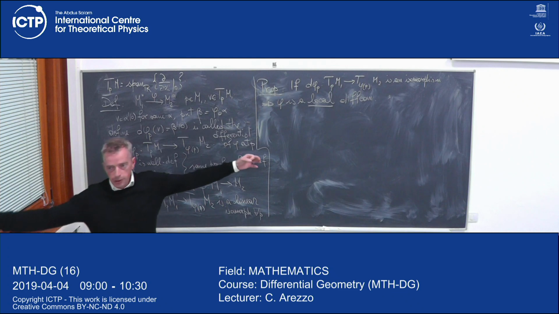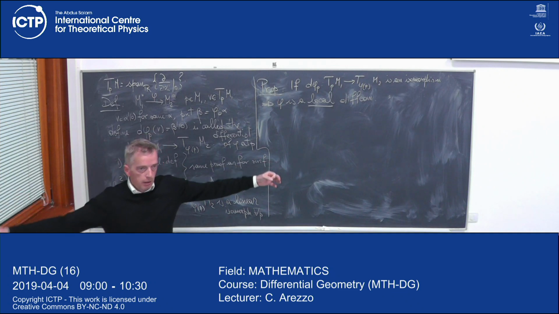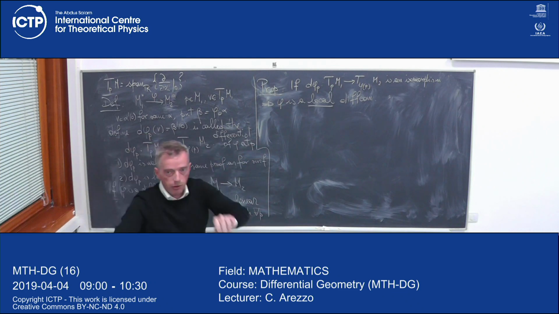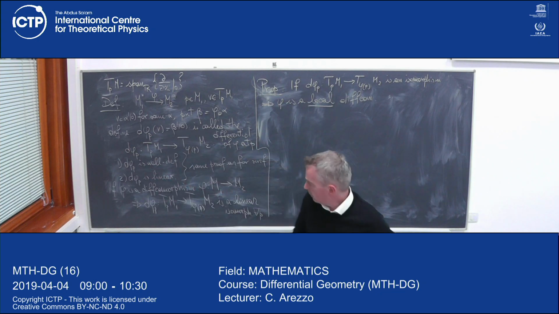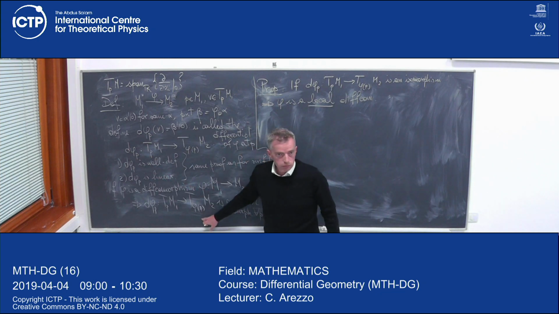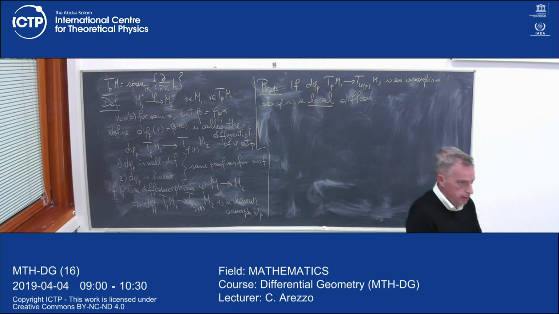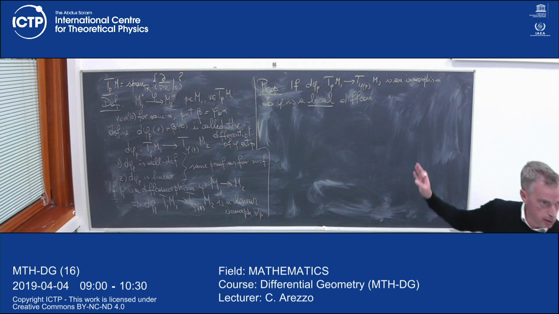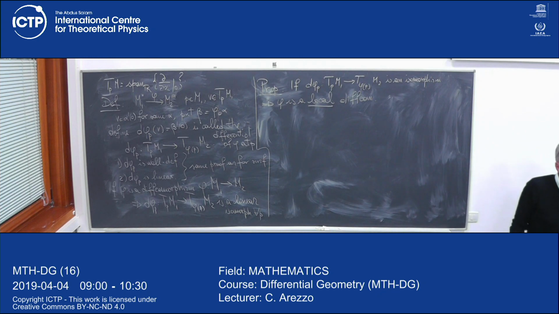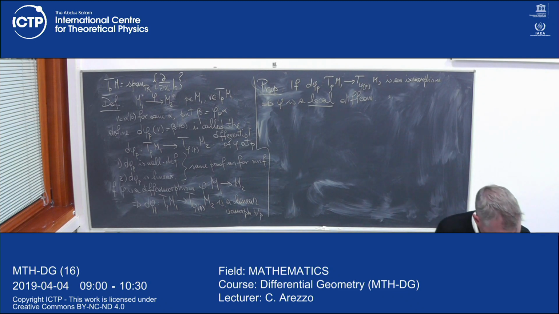If I have two points very far away which go to the same point, this property will never see it. Locally it is fine, but globally I will not be able to say anything.